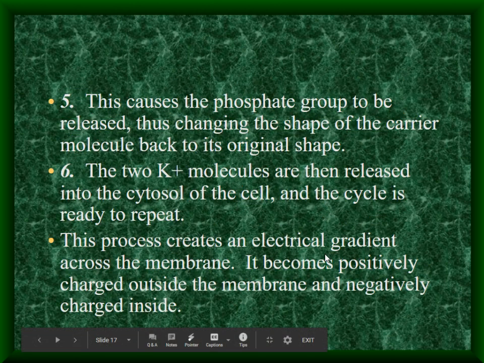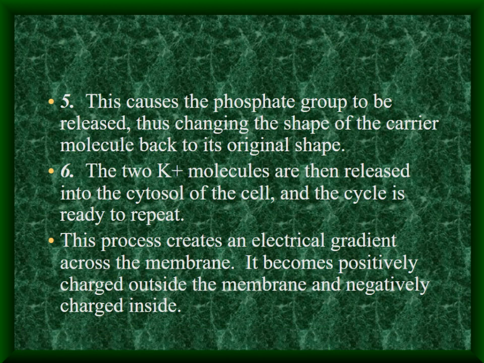2 potassium ions located outside the cell bind to the carrier protein. This is step 4. Step 5: this causes the phosphate group to be released, thus changing the shape of the carrier molecule back to its original shape. So this way we do not have too much sodium coming in. The 2 potassium ions are then released into the cytosol of the cell, and the cycle is ready to repeat again.